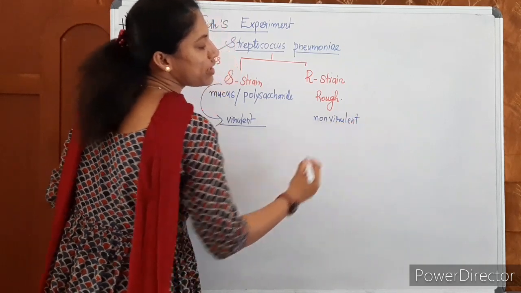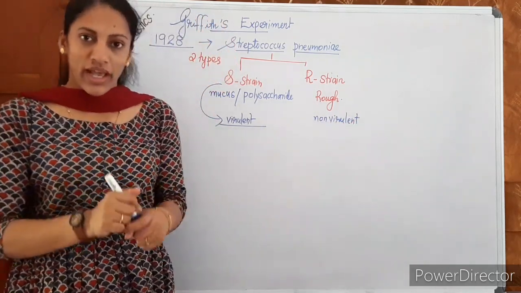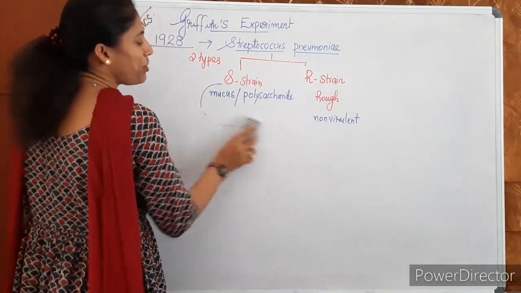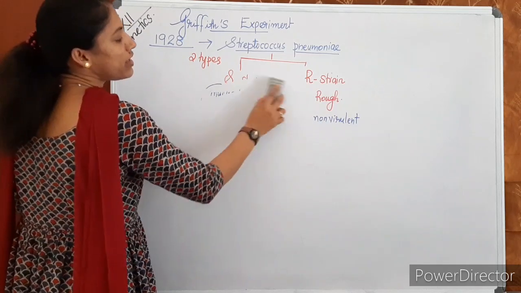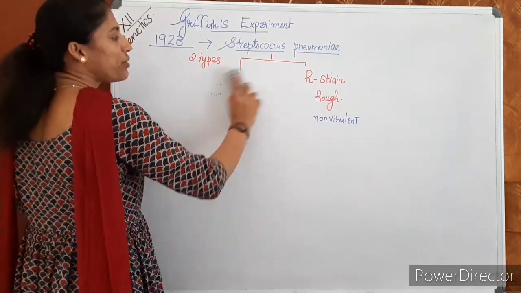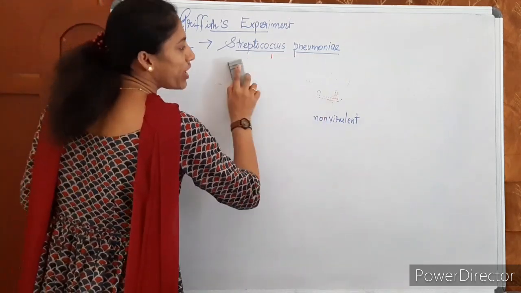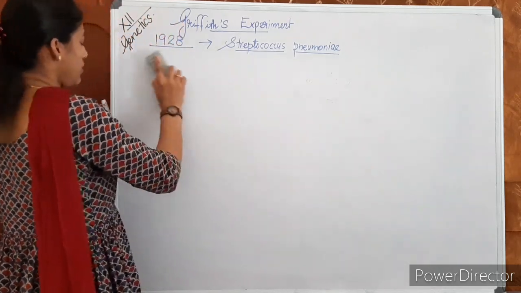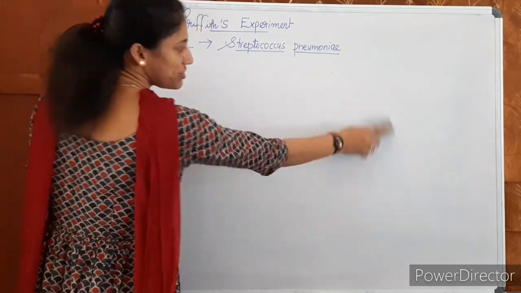Then come to Griffith's experiment. Keep in mind, S strain had a polysaccharide coat around it, and that is found virulent, causing the disease. R strain without the coat was found non-virulent.